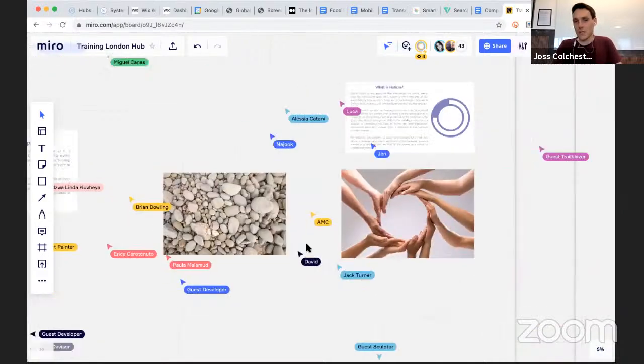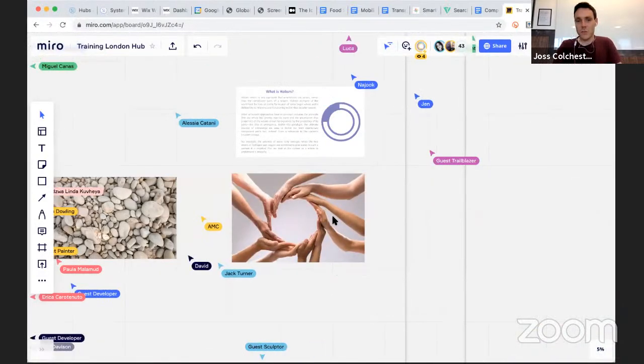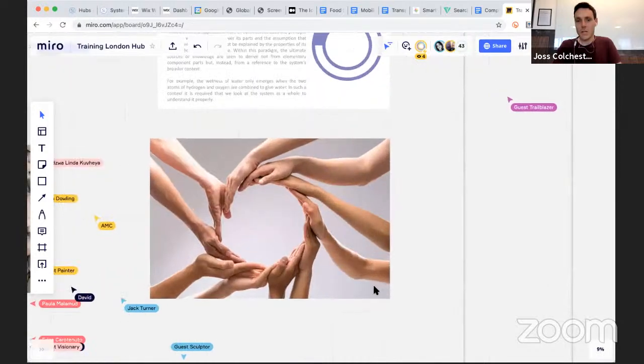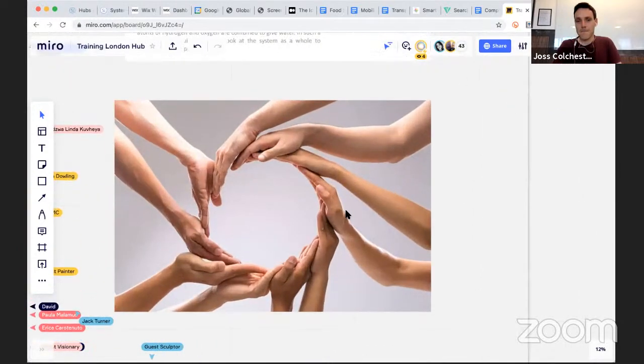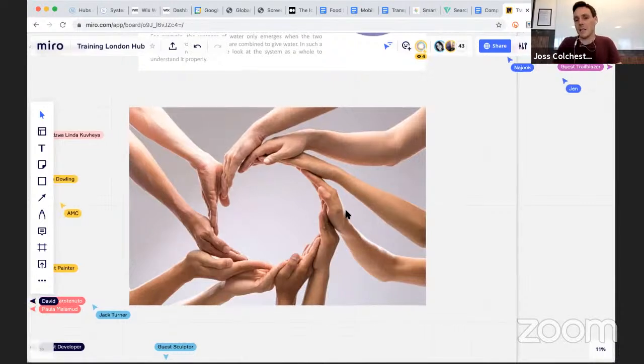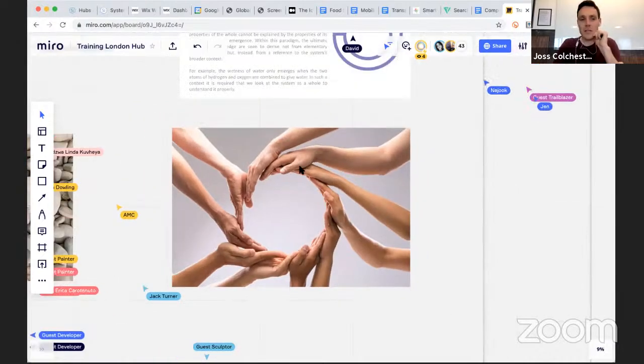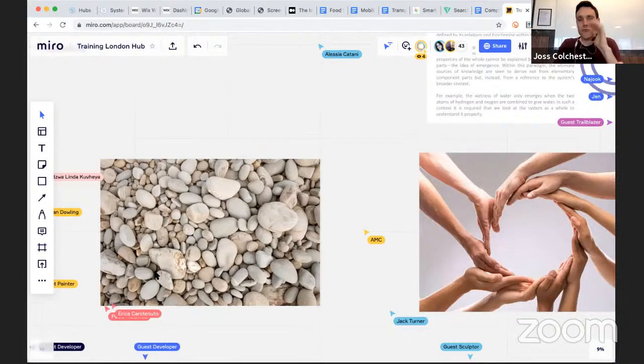But look at this one here. This is an interesting one. It's an image I found earlier on today. Because there's a pile of parts there, right? People's hands. There's also something else, isn't there? There's an organization. The parts are put together in a special way. These parts aren't put together in any special way. They're just random.